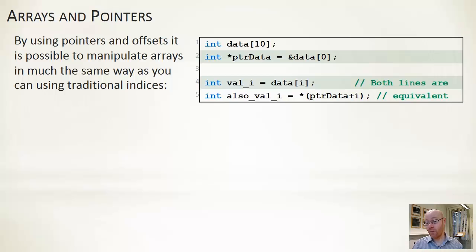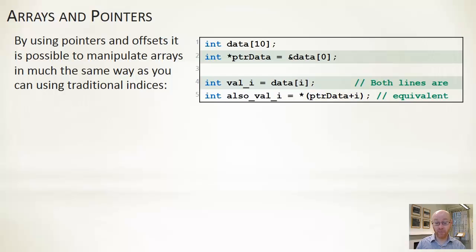In line 4, we are going to the ith element. We're assuming i is 0 up to 9, we haven't gone beyond it, and we are taking out whatever value we have stored and storing it within val. In line 5, we are doing something that is utterly equivalent. It will take out and store exactly the same value. In this case, we are saying ptr_data points to the start of the array.